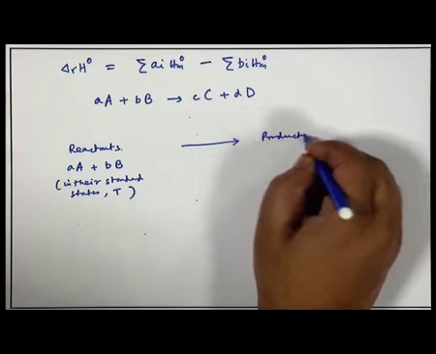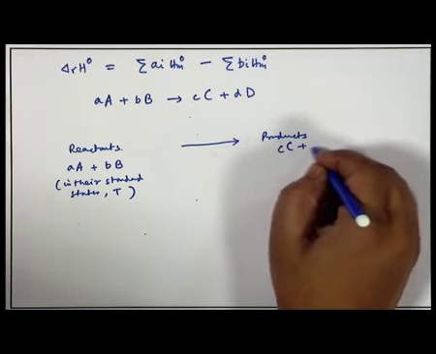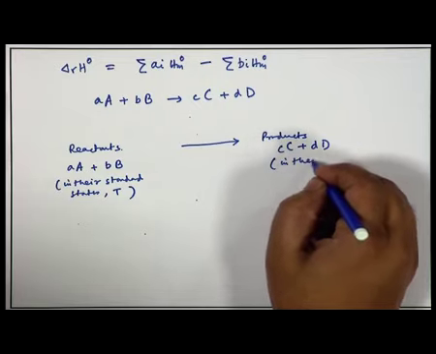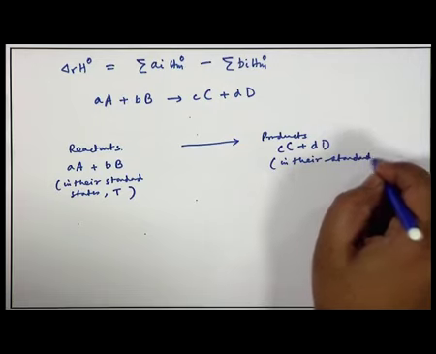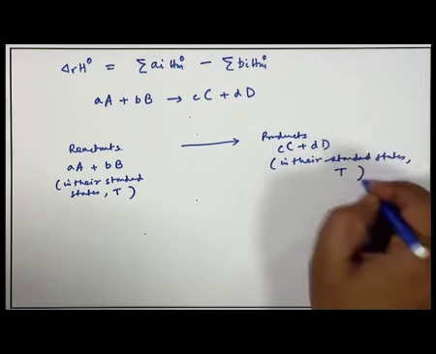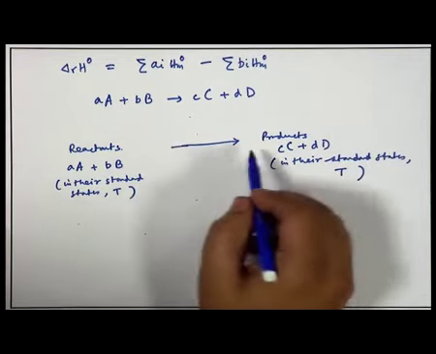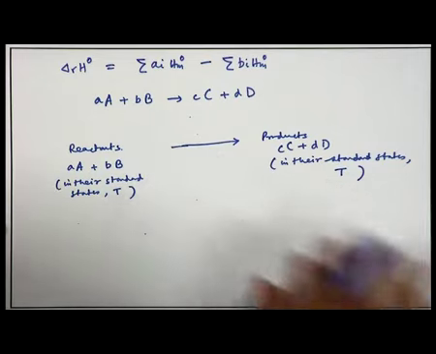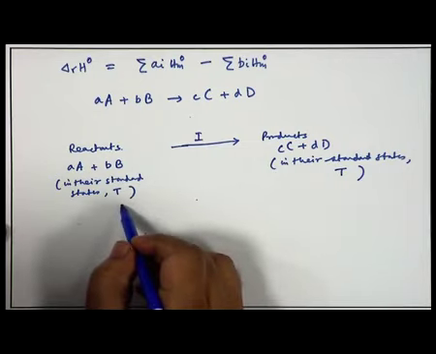Obviously, we are talking about this reaction, which is C plus D again in their corresponding standard states and at temperature T. So, this is our reaction for which we want to get the reaction enthalpy or delta H R. We mark this number 1, equation number 1.